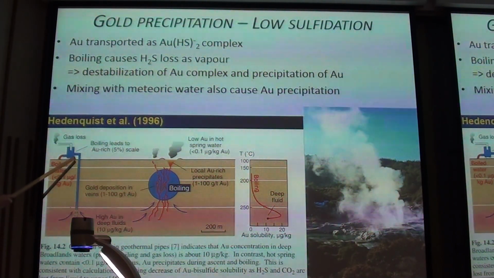When we have boiling in the system, we have precipitation of gold within the pipes. So every few years, the plant people have to remove and clean out the piping where the boiling occurs.